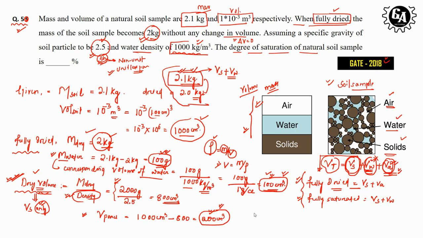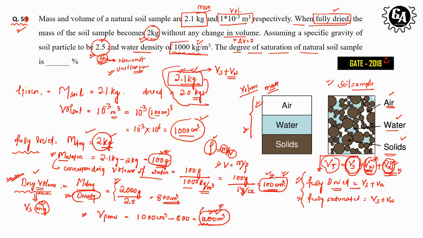If this sample contains some pore spaces, and the pore spaces are filled by water or liquid, then we call it some amount saturated. If all the pores are filled by a liquid, then we will say that it is fully saturated. And in this case, the volume of pores is 200 centimeter cube, but only 100 centimeter cube of water is present there, so it is not fully saturated.